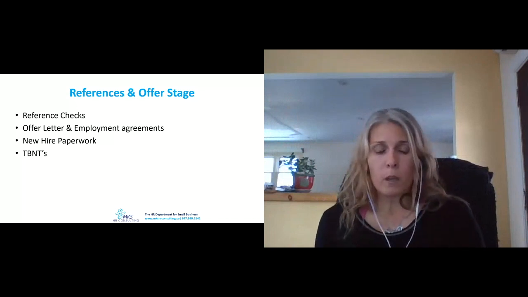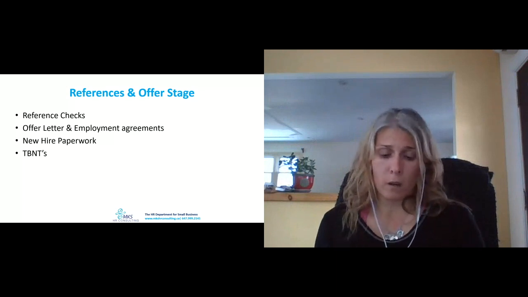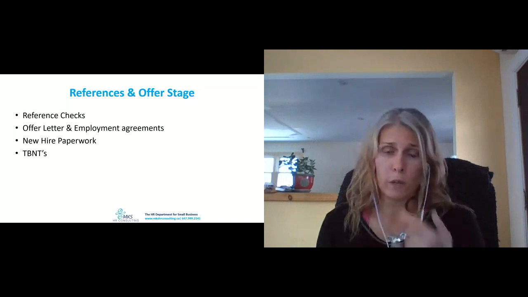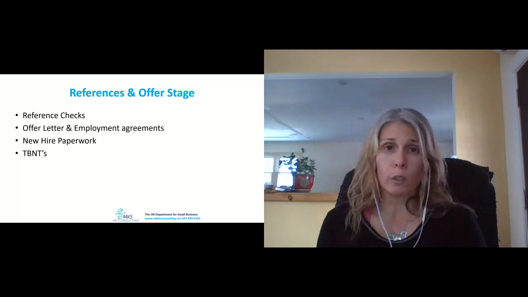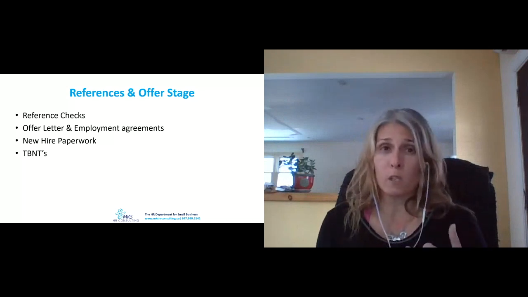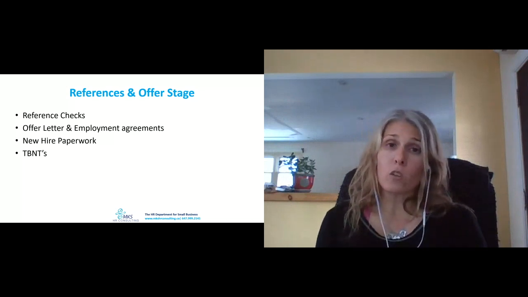A standard employment contract really has your company name and address on it, the employee's first name, last name, address, and then the standard clauses are obviously their start date, the title of their position, who they report to, their base wage rate, be it per hour or per year, their vacation entitlement.